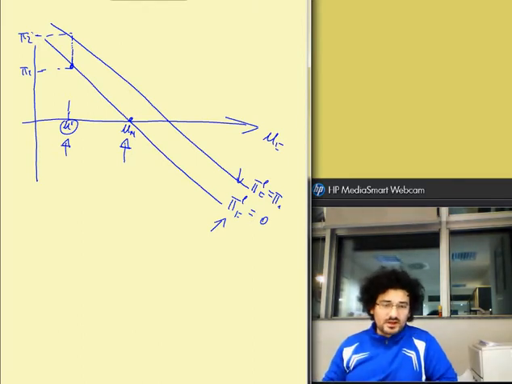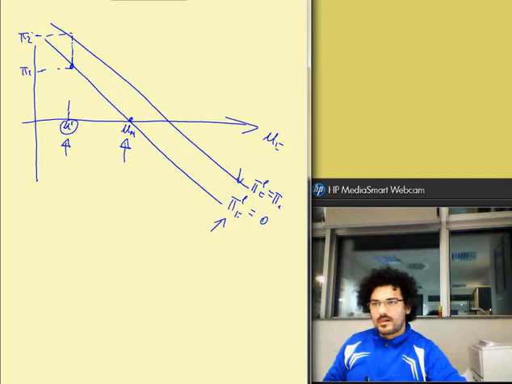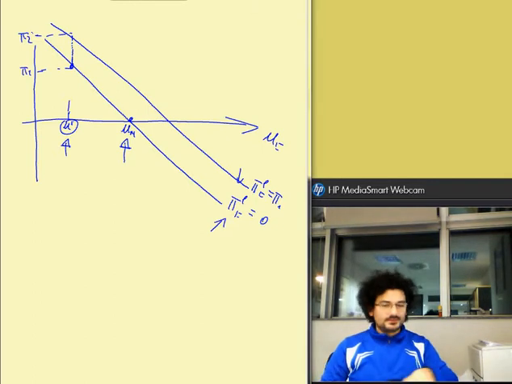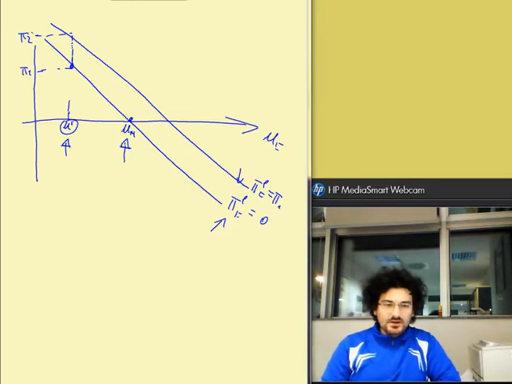This is the explanation of the apparent disappearance of the Phillips curve, because there is a change in the expectation.